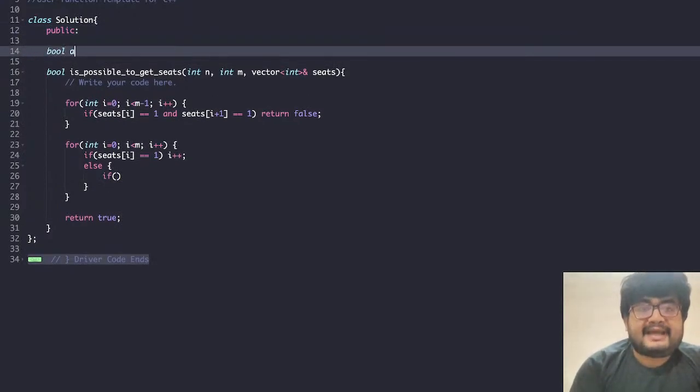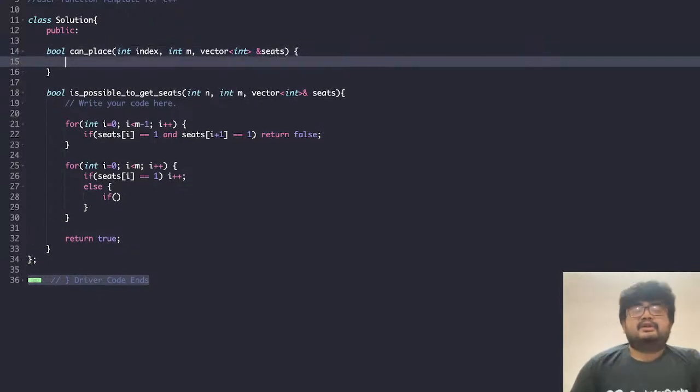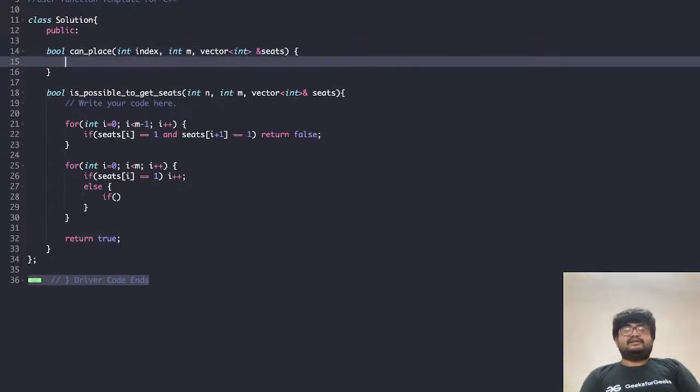So bool canPlace, let's say we have a canPlace method where we take an index, the seat number, int m, and the current arrangement of seats, vector int ampersand seats, right?